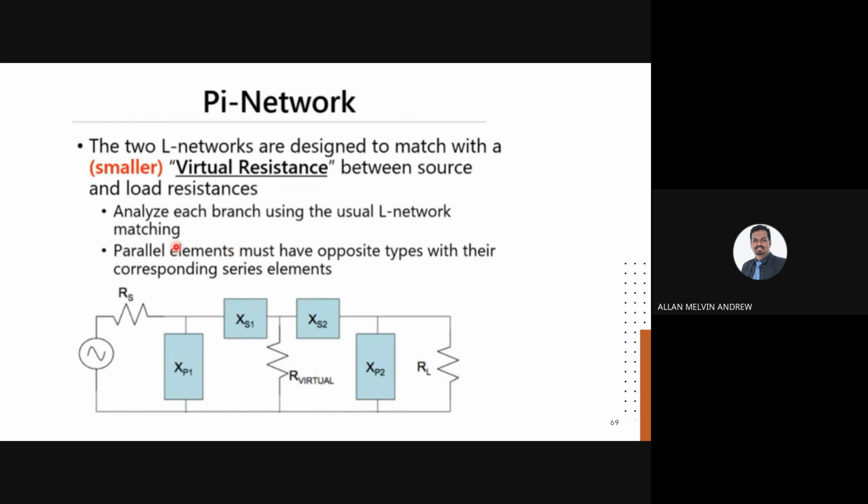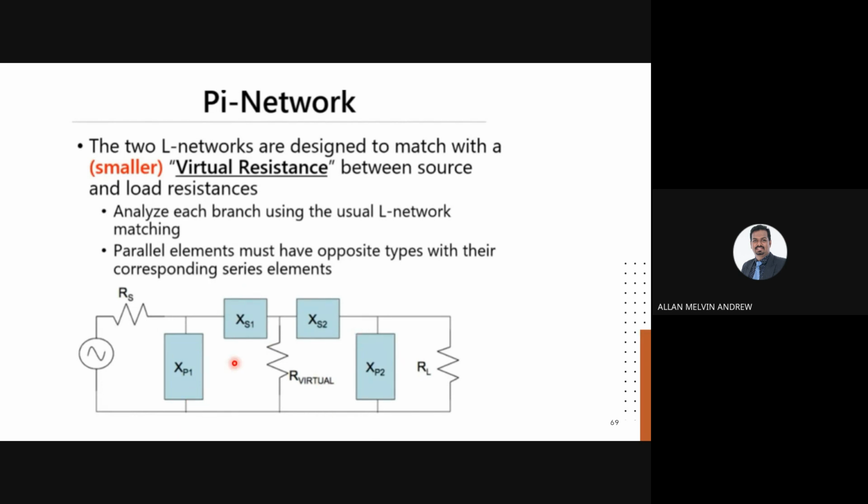So we need to analyze each branch using the usual L network matching, as we have seen yesterday. You need to analyze separately, and you need to analyze separately. At the end we want to combine all of this: XP1, XS1, XS2, R virtual, XP2, and RL into one symbol.